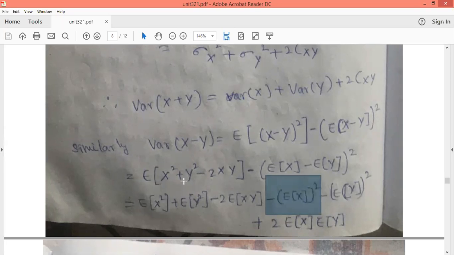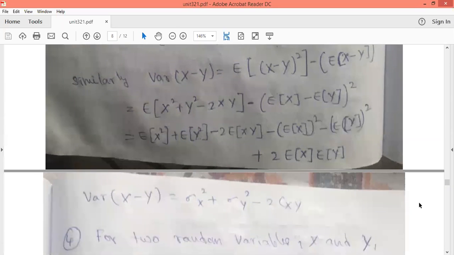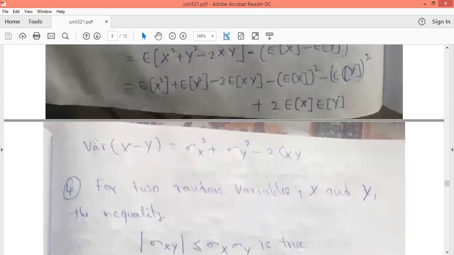Similarly, expectation of y square minus expectation of y whole square gives us variance of y. Taking minus 2 common, we get expectation of xy minus expectation of x expectation of y, that is nothing but covariance. So what we got is variance of x minus y is equal to sigma x square plus sigma y square minus 2 Cxy.